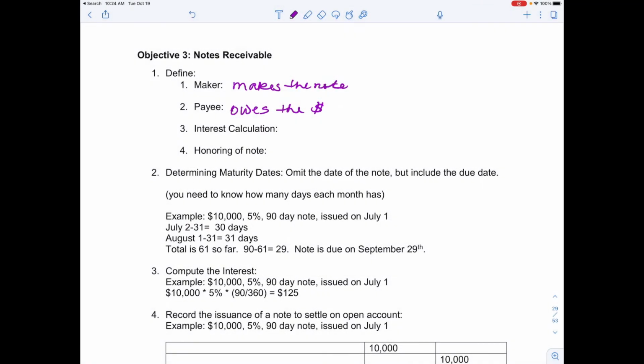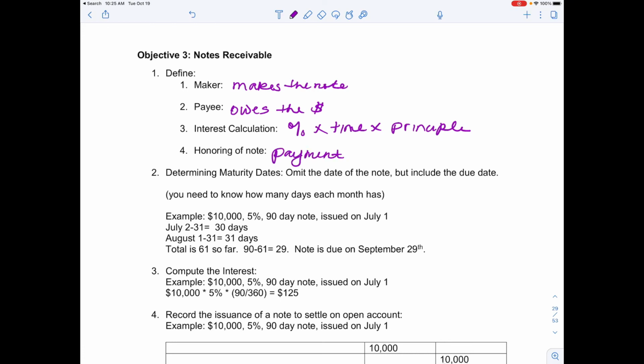We have to calculate interest on this. You take that annual percentage rate they give you, you're going to multiply that by the time and the principal of the note. And honoring the note, this just means that you're going to make a payment or pay it off.